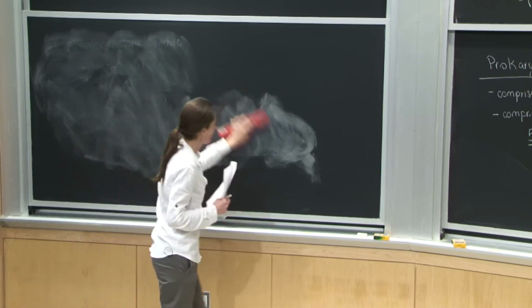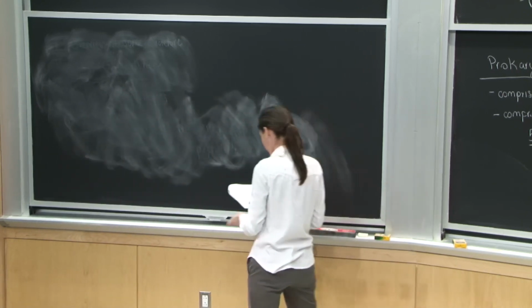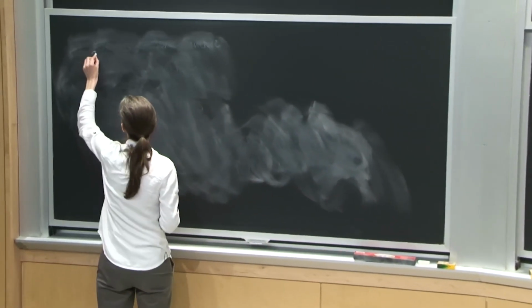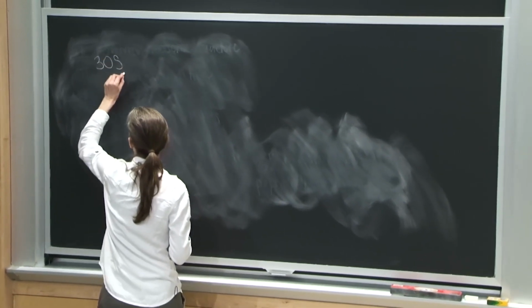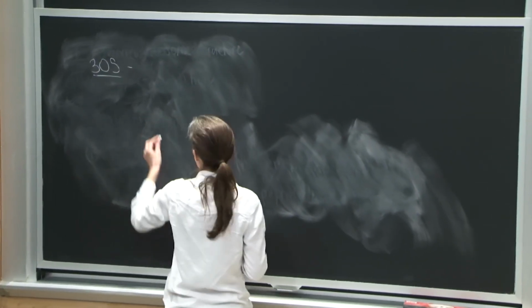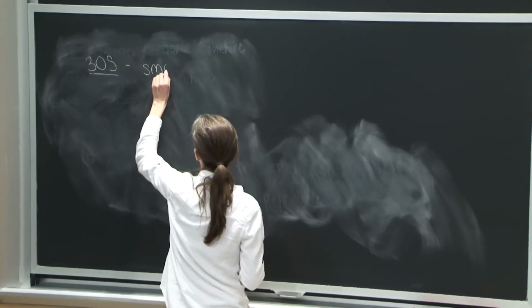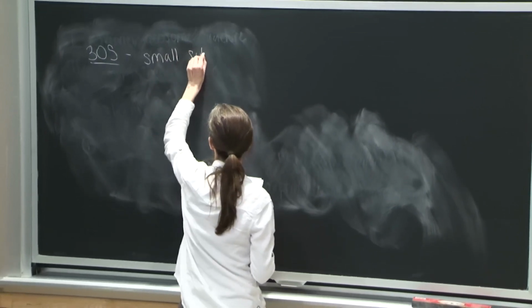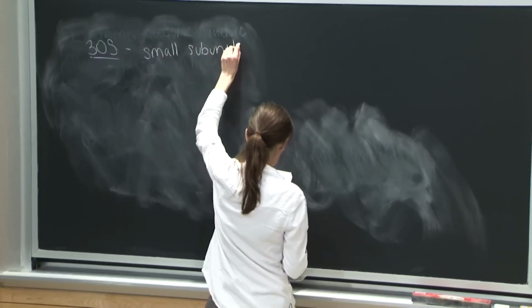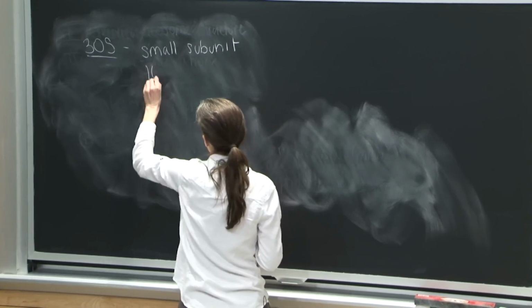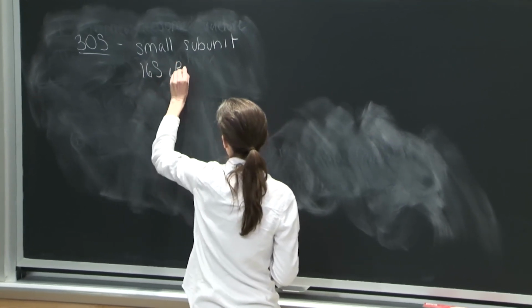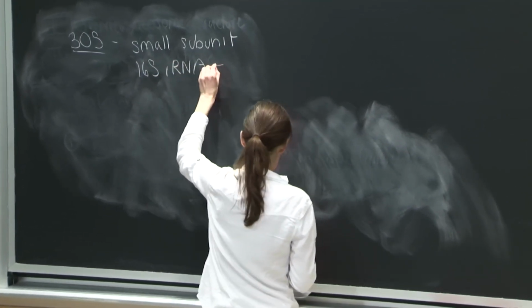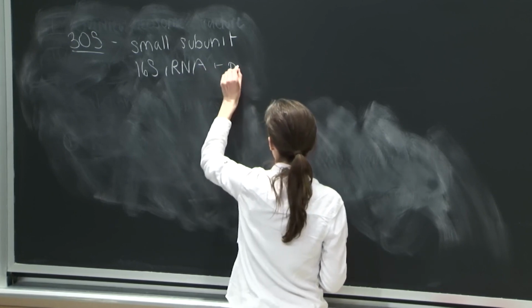And the other subunit in prokaryotes is the 30S. This is the small subunit. It's comprised of 16S rRNA and proteins.